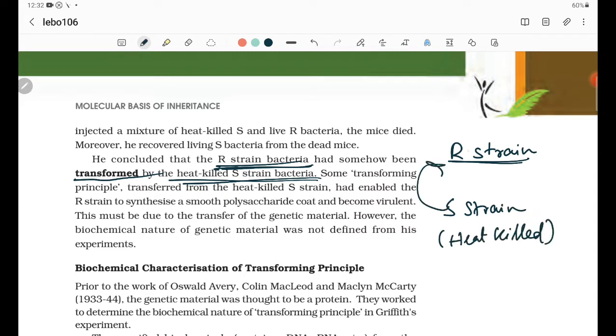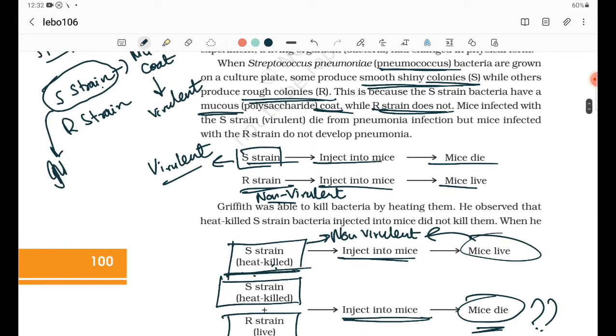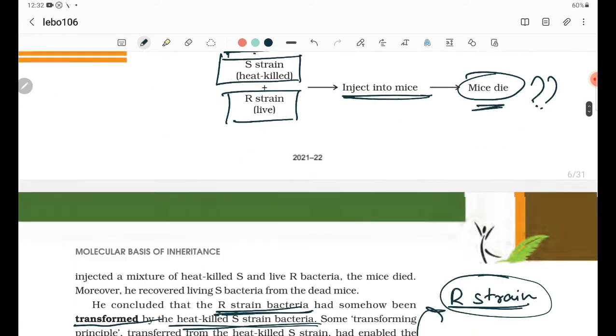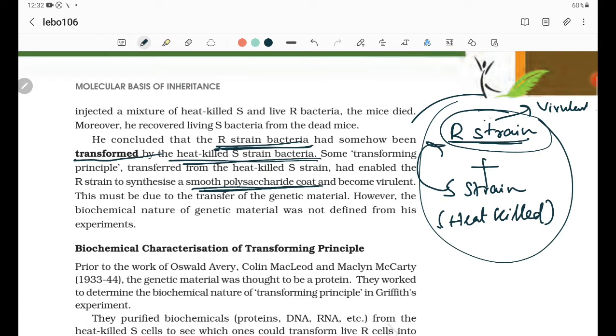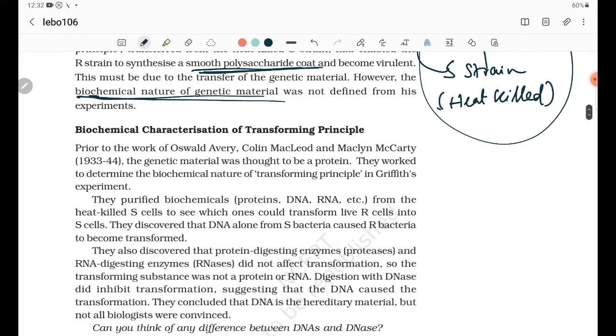S strain bacteria has somehow transformed R strain bacteria to form this smooth polysaccharide coat, the mucus coat which I was talking of. By that, the R strain has become virulent, and when both are injected into mice, the mice die. However, the biochemical nature of genetic material was still a mystery.